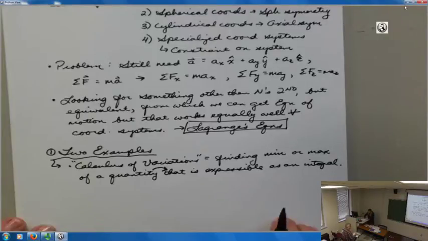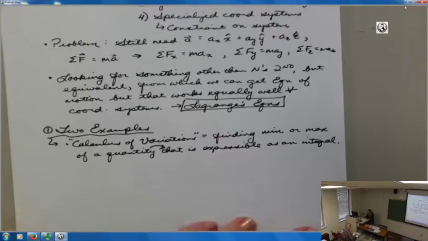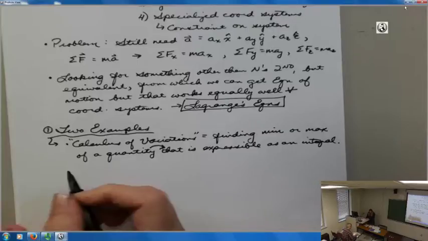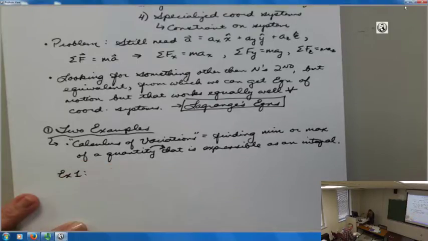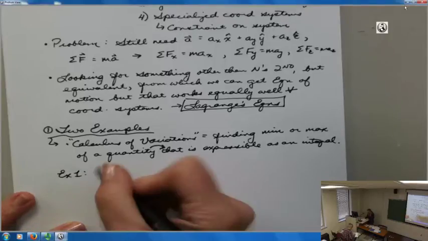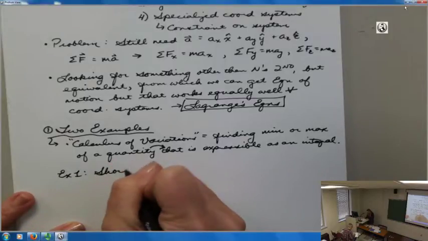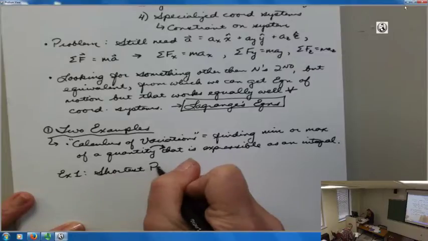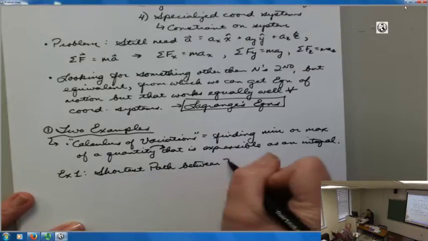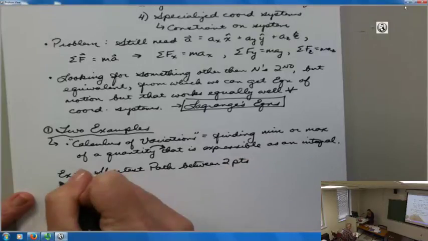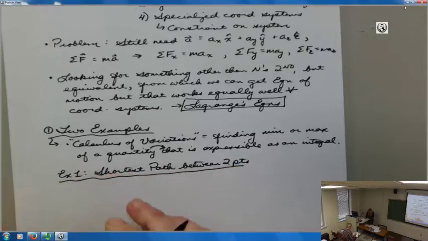Okay? All right. So an example of that is the shortest path between two points.